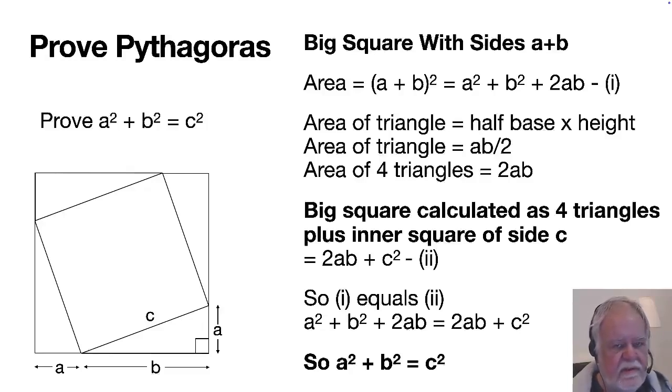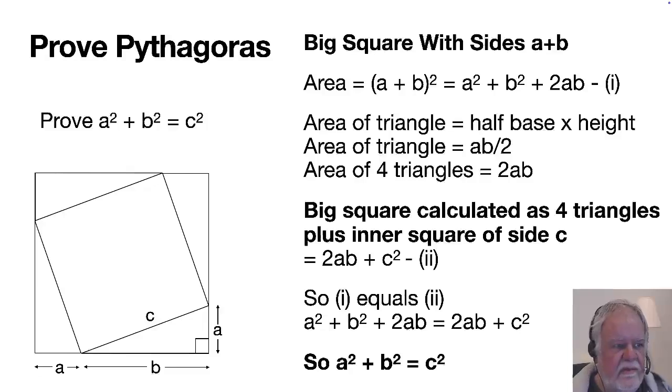So what's the area of that square? Well, it's just a plus b squared, which is the area of a square. And you work that out and it's a squared plus b squared plus 2ab. Now I'll call that equation 1 because we'll use it a little bit later.